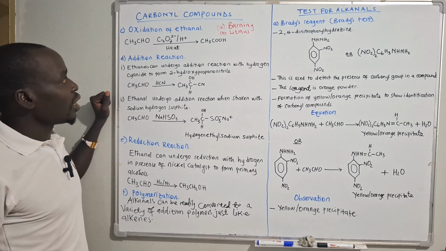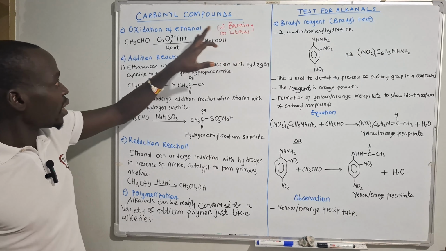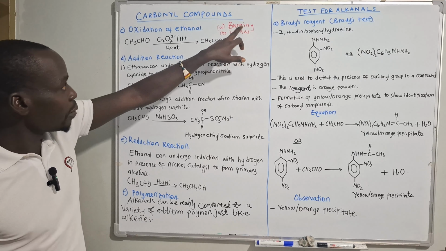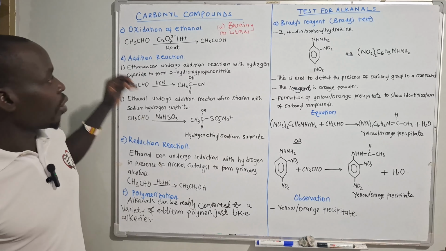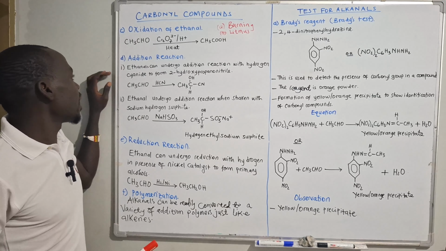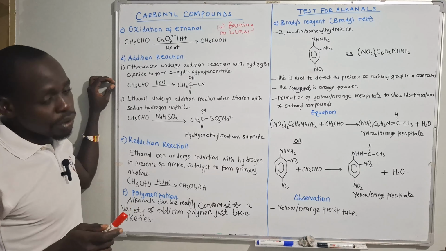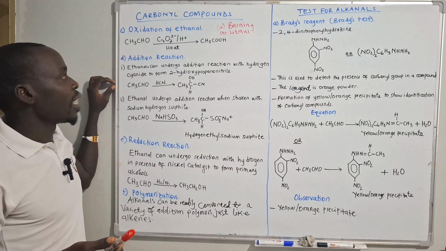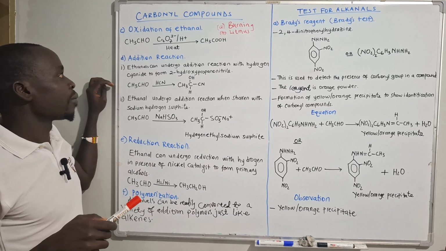When ethanal is burning in the presence of oxygen, we form carbon dioxide and water, in a plentiful supply of oxygen. If the oxygen is limited, we produce carbon monoxide, and carbon itself is also formed.